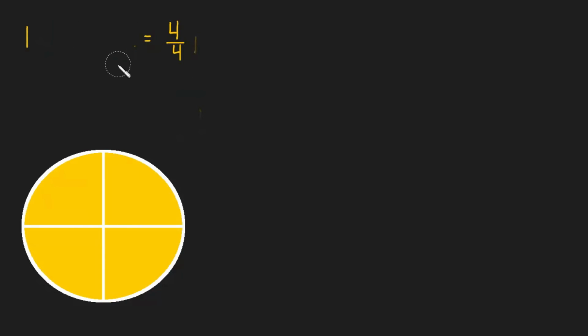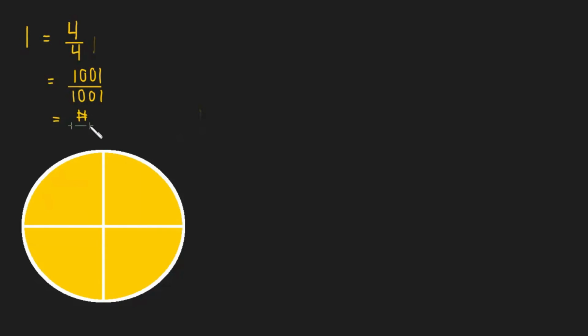And we can erase the pie part and just think of these numbers. So 1 is equal to 4 over 4. Just like we were just saying, it's also equal to 1001 divided by 1001, or any number divided by itself.